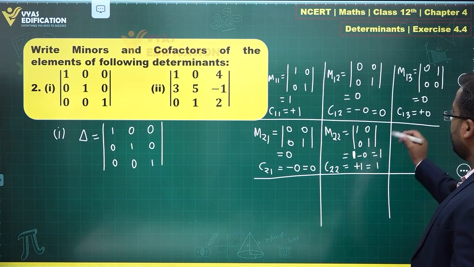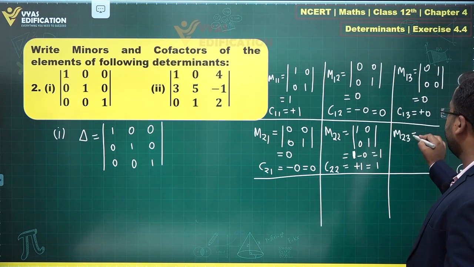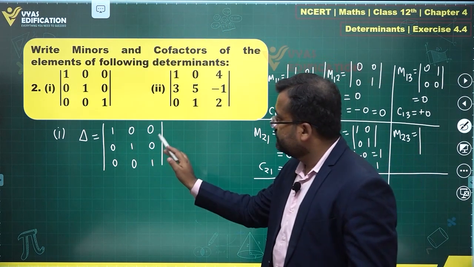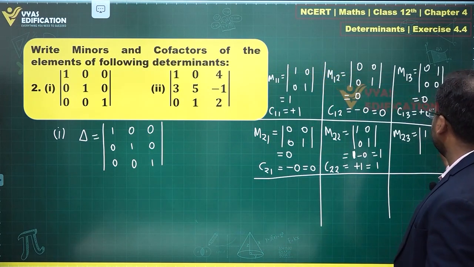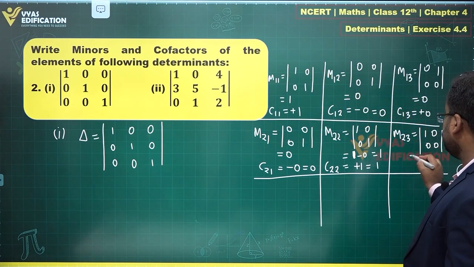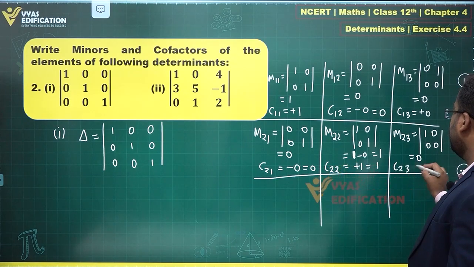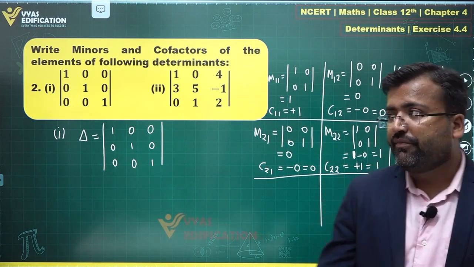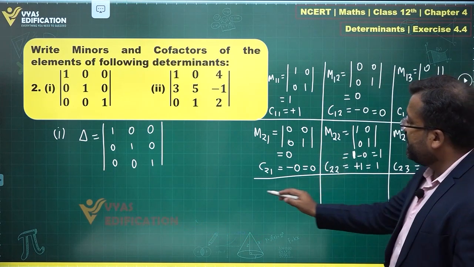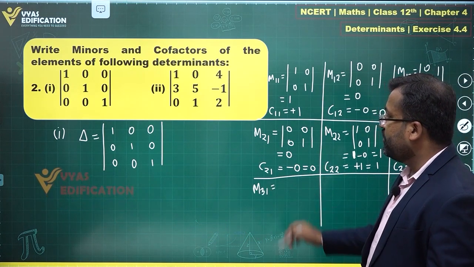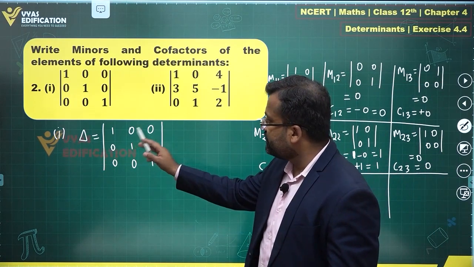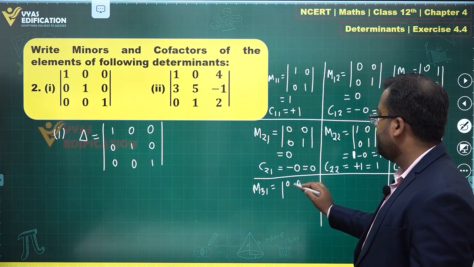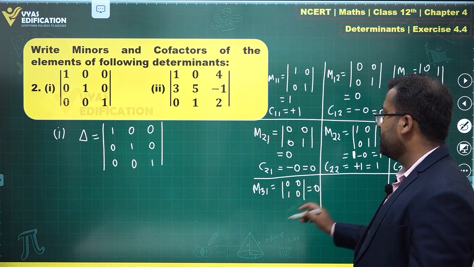Let's find the next one. What do we have? M23. This will be equal to the determinant of 1 0 0 0. This is simply 0. C23 will be minus 0, again a 0. Extra minus will be there. Yes. Next, M31 will be equal to what? M31 is third row and the first column deleted, 0 0 1 0, and the value will be 0.